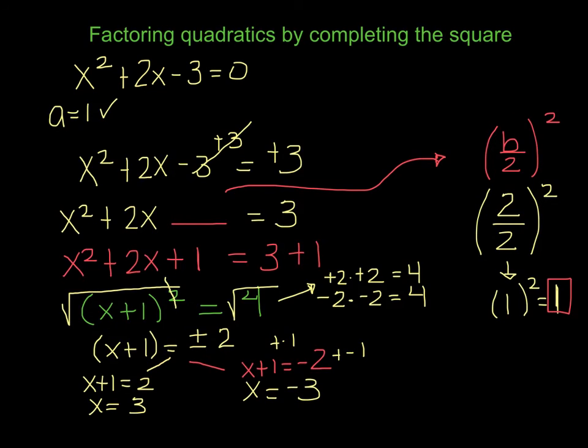I just noticed I made a mistake skipping a step: this should be add a negative 1 to both sides, so my actual answer is x is equal to 1. So now what you've done is by completing the square, you found the roots to this. And if you remember from the previous session, the roots of this quadratic are x equals 1 and x is equal to negative 3. And that's the method of completing the square.